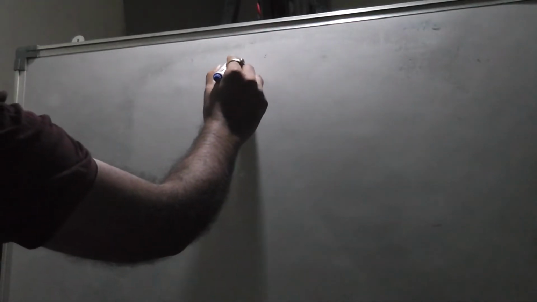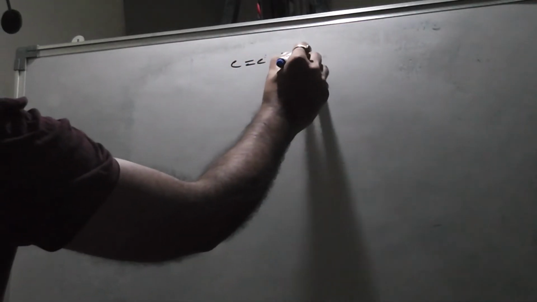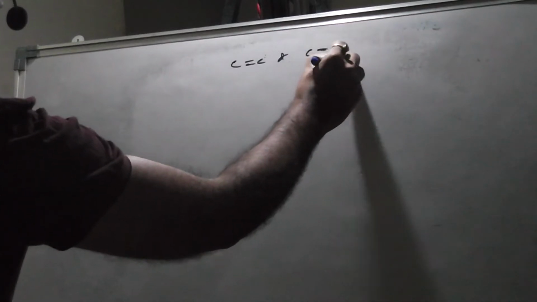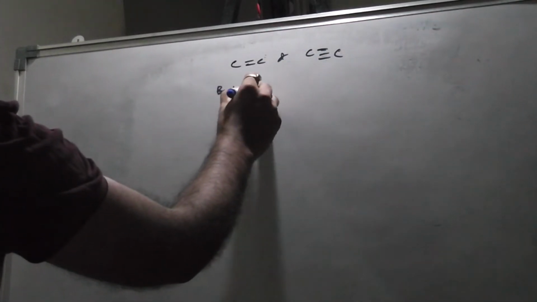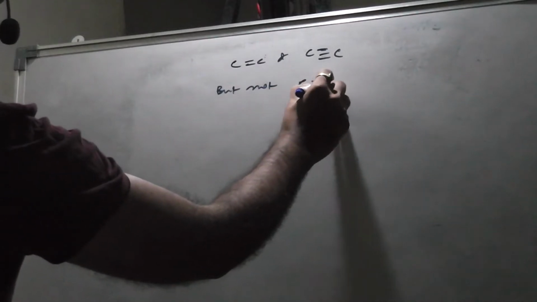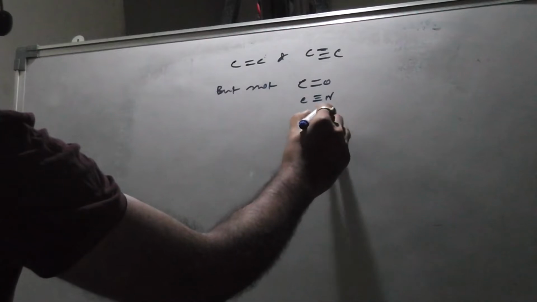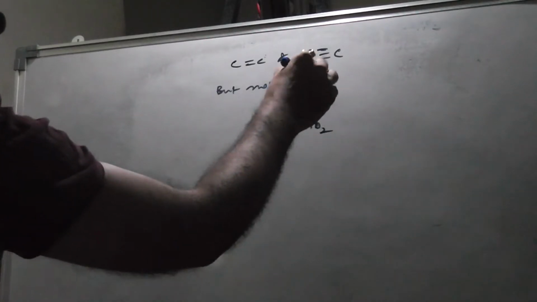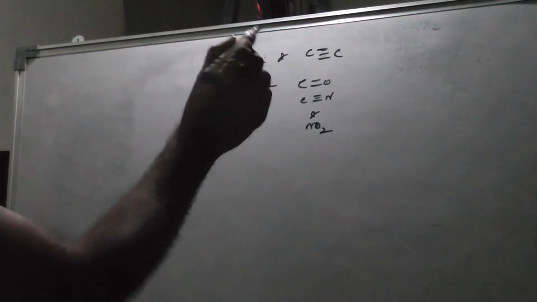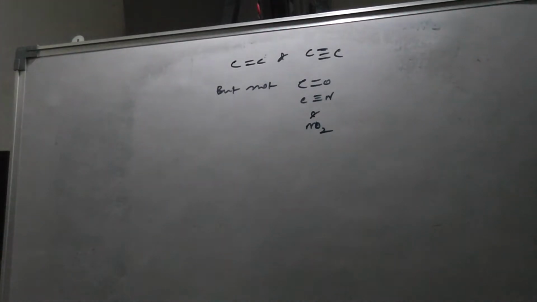So Wilkinson catalyst has its merits. There are various merits for this particular catalyst. It can reduce C=C and C≡C, but not C=O or C≡N, that is cyanide, carbonyl and NO2. So in the presence of these groups, if C=C or C≡C is there, that can be easily reduced.